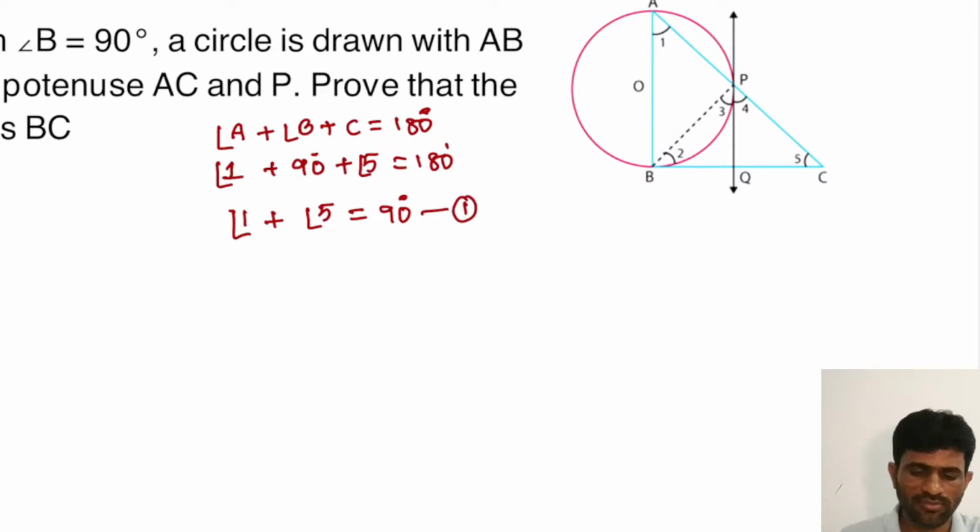Now after this we know angle APB is equal to 90 degrees. When angle APB is 90 degrees, angle BPC is also 90 degrees. Why is angle APB 90 degrees first of all? Because angle in a semicircle is 90 degrees.